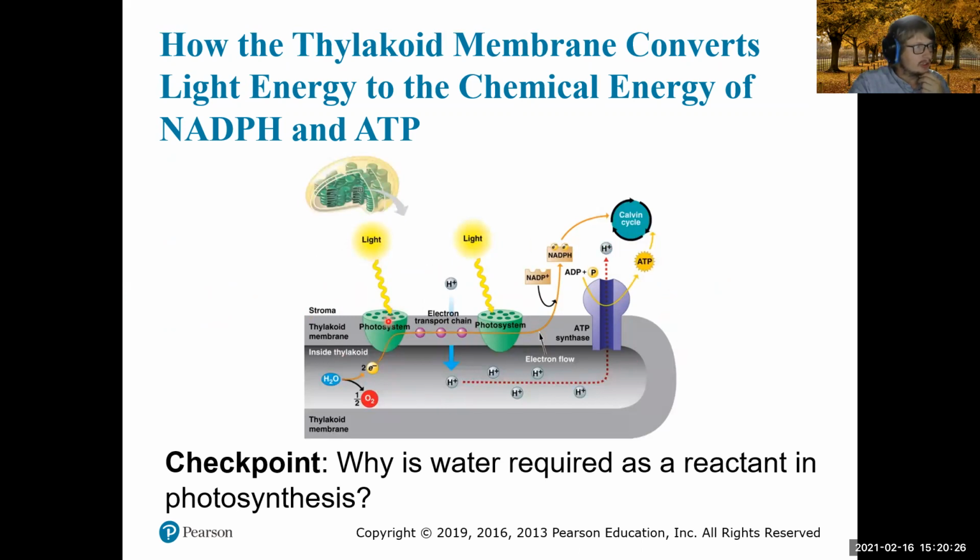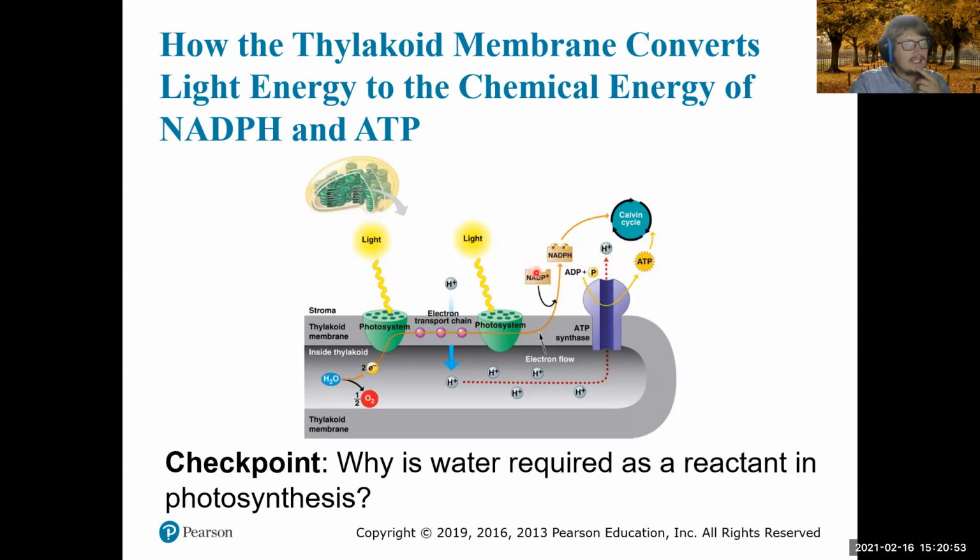You can see photosystem 1, photosystem 2, the electron transport chain. You can see water being split, and water is required because it needs to donate that electron. If you don't have any electrons, you don't have any electrons to get excited, so that energy can be transported through that electron transport chain and make ATP, and then ultimately make NADPH.